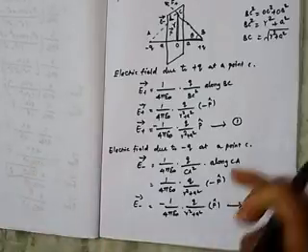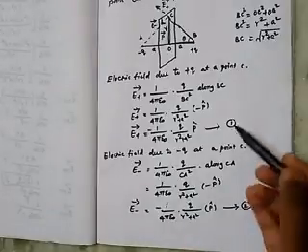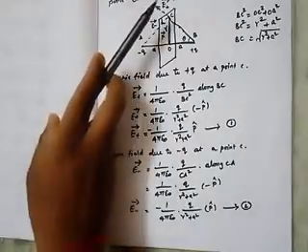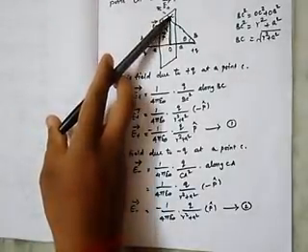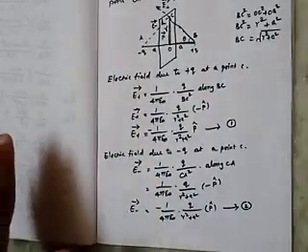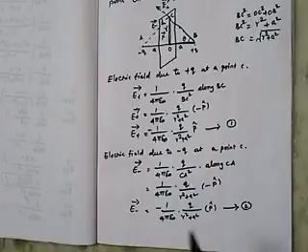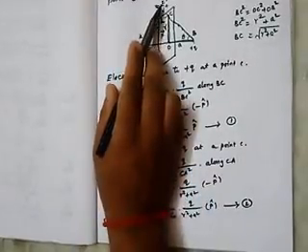So from equations 1 and 2 we conclude that the electric field at a point C due to the positive charge and the negative charge both have the same magnitude, but the direction is different.